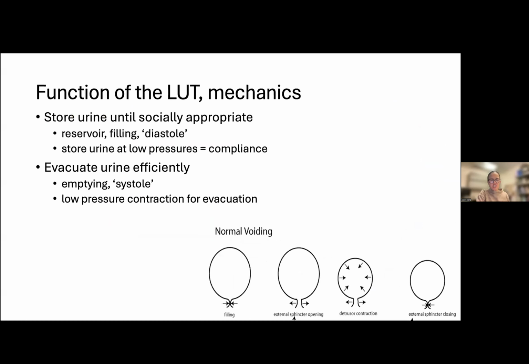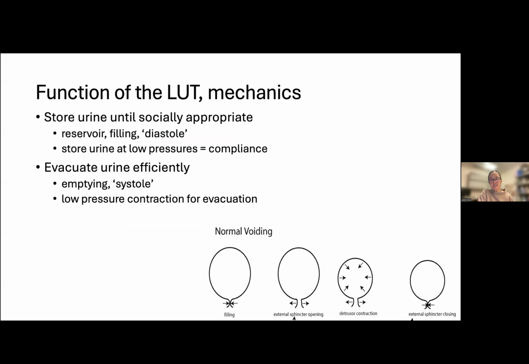So the function of the lower urinary tract can be broken down into two phases: a storage phase and an evacuation phase. The bladder stores urine until it is full, and then until it's socially appropriate to evacuate.